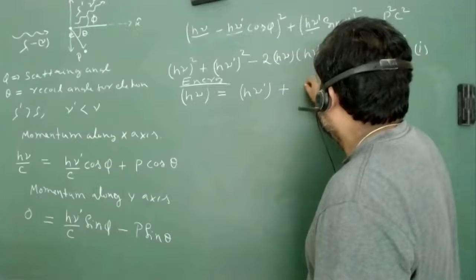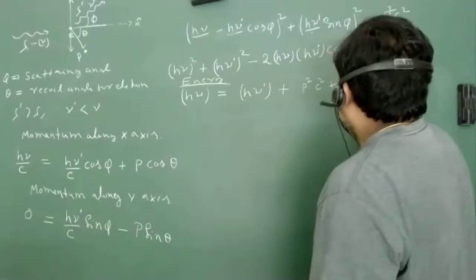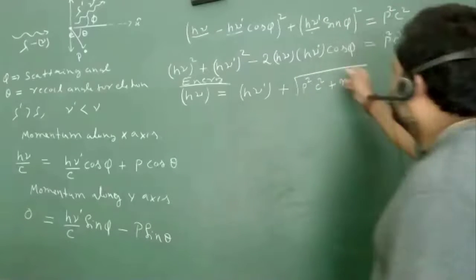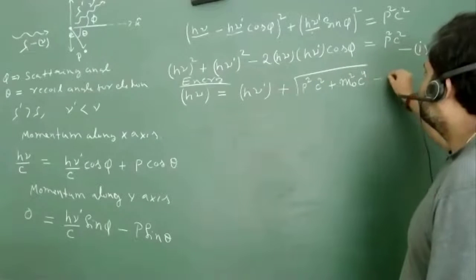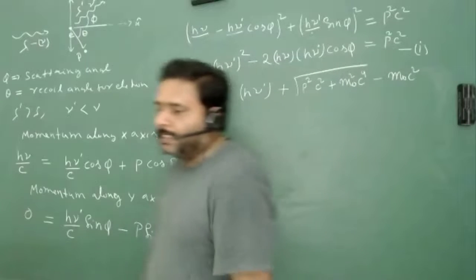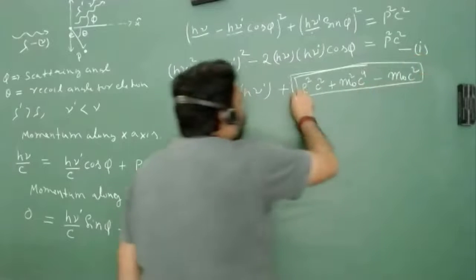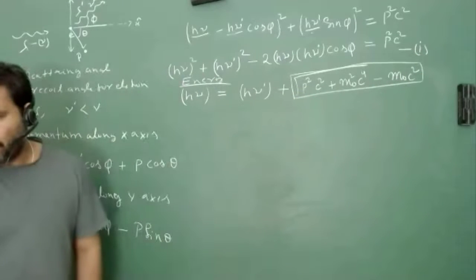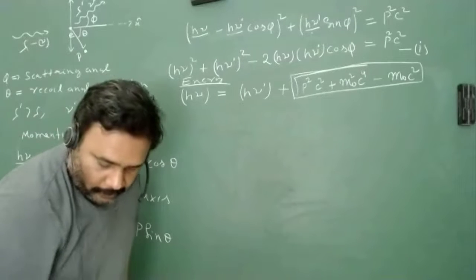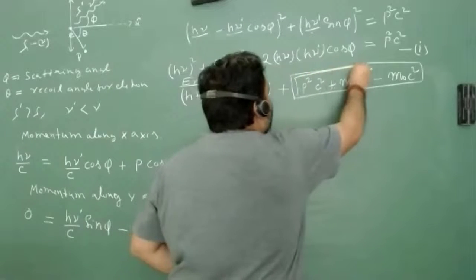The total energy is root under p square c square plus m naught square c to the power 4, minus the rest mass energy. This is nothing but the kinetic energy of the electron. This is all about the root under of this particular thing.